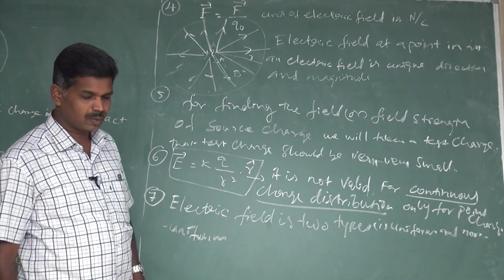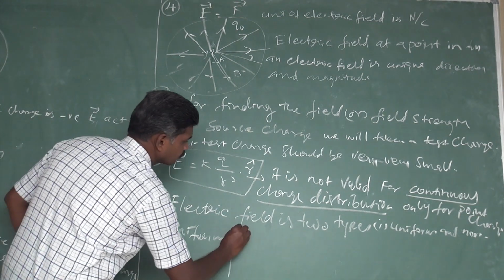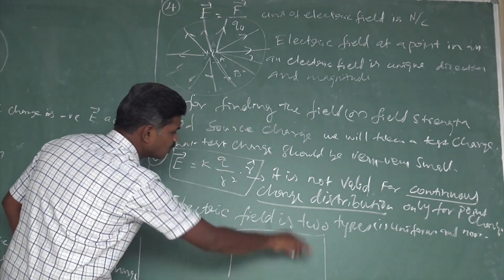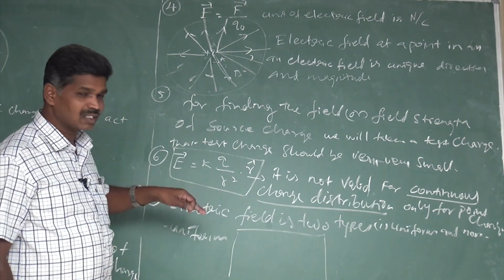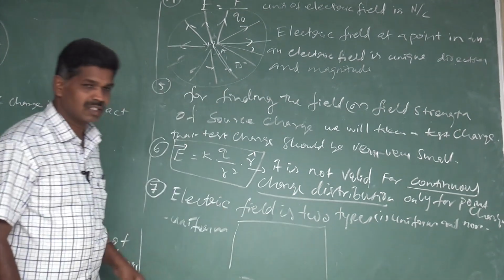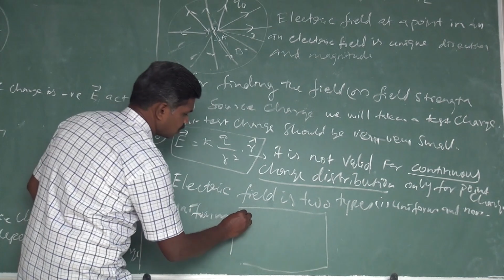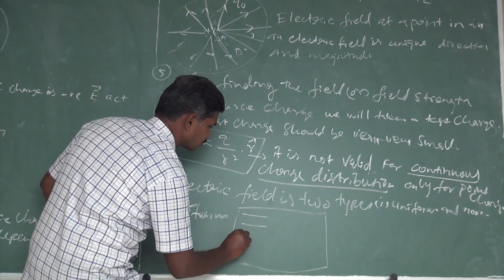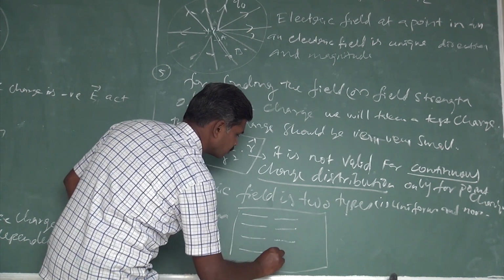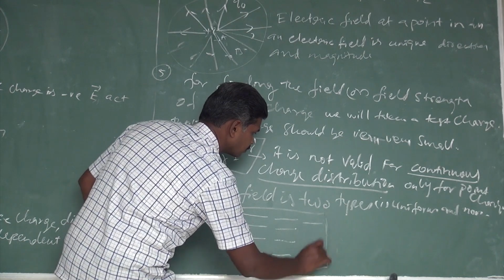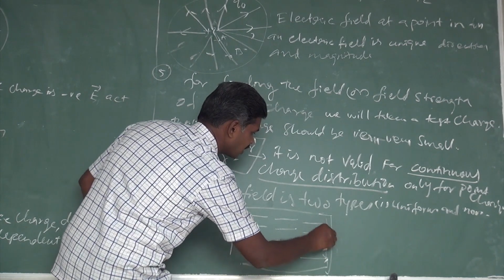If it is a uniform field, how may it exist? Suppose this is a space. Through this space the field is uniform, meaning the strength and the direction have unique values all over the region. If we want to show it in our diagram, we must draw lines of equal length and the same direction.